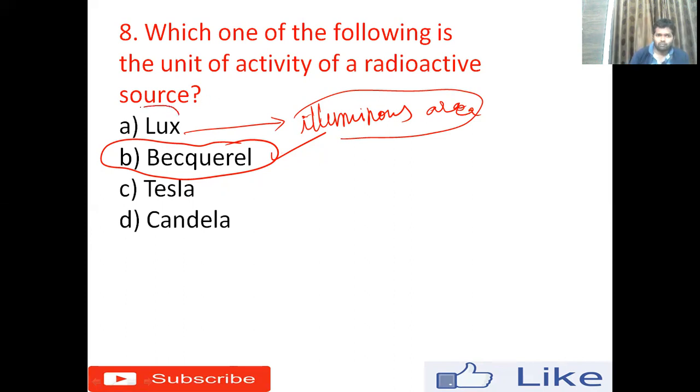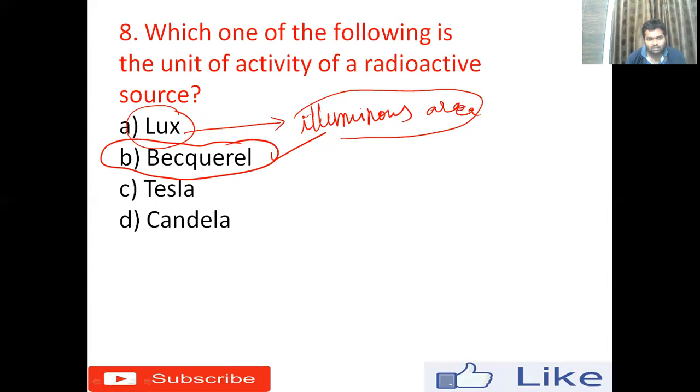Let me say we have one candle that will produce some light, right? It will fall on a particular area. How much light will fall on that particular area is measured with the help of the unit lux.